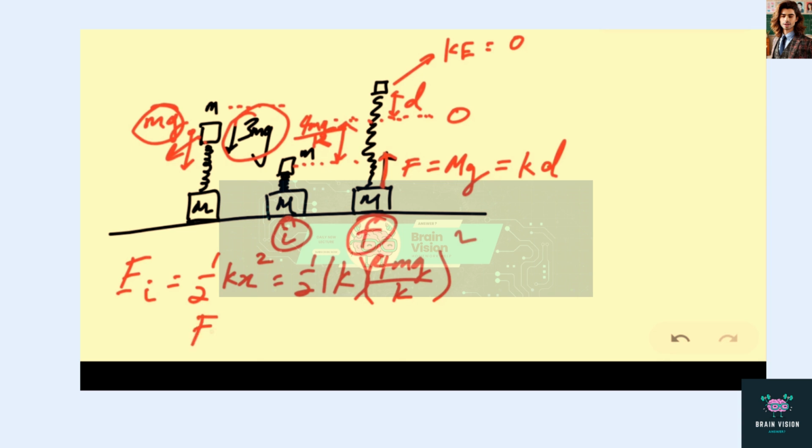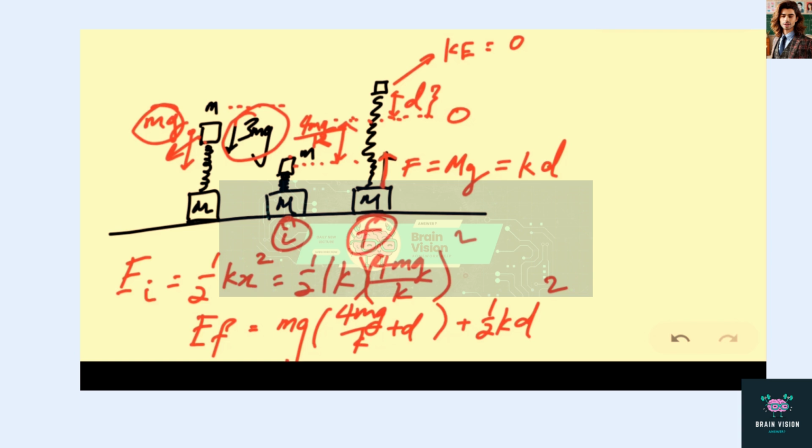Our final energy state would be the increase in gravitational potential energy, so we have mg times the height of (4mg over k plus d), as well as the additional elastic potential energy gained from the extension of d, so plus half k d squared.